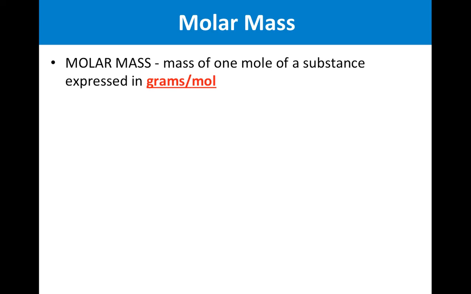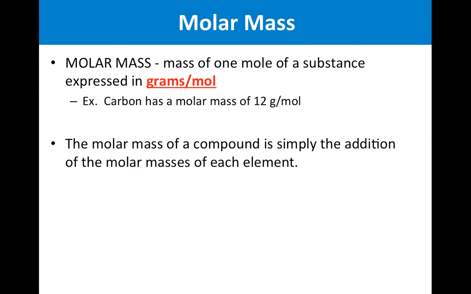So molar mass is the mass of 1 mole of a substance expressed in grams per mole. So carbon has a molar mass of 12 grams for every mole. So in 12 grams of carbon, there are 6.02 times 10 to the 23 particles. And we're going to relate those in a later lesson.